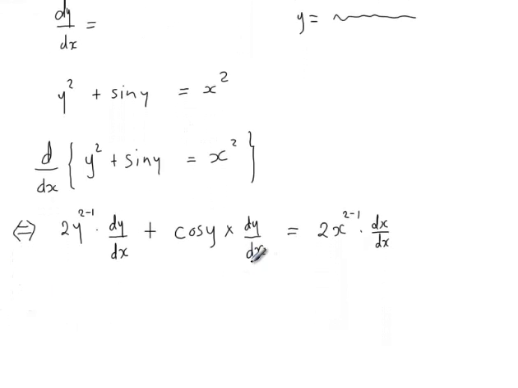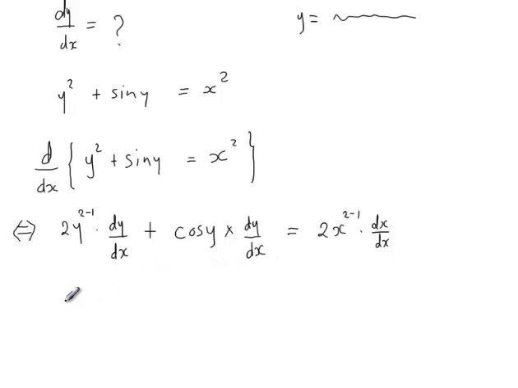So now what do we have? We've got dy/dx, dy/dx. We're actually looking for dy/dx. Which means now we've got an equation which is given in terms of dy/dx. What we need to do is to make dy/dx the subject of the formula.